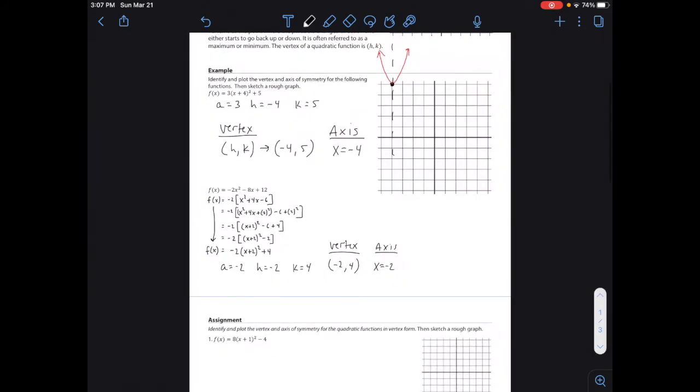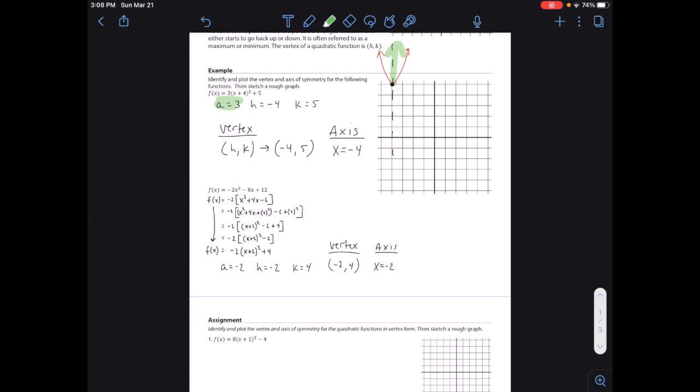I'm going to use some highlighting to do it. Notice how we have a equal to 3 here. When a is a positive 3 like that, that means our graph is going to be pointing up, like the one we did.